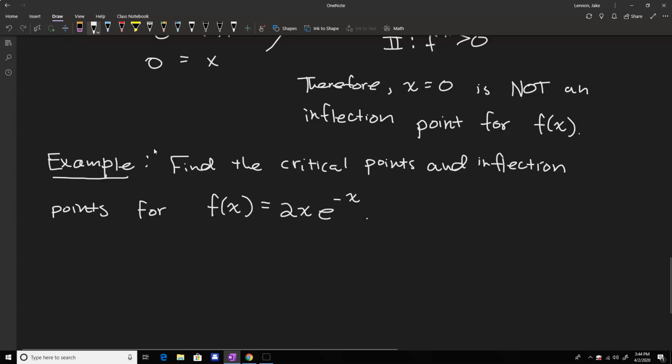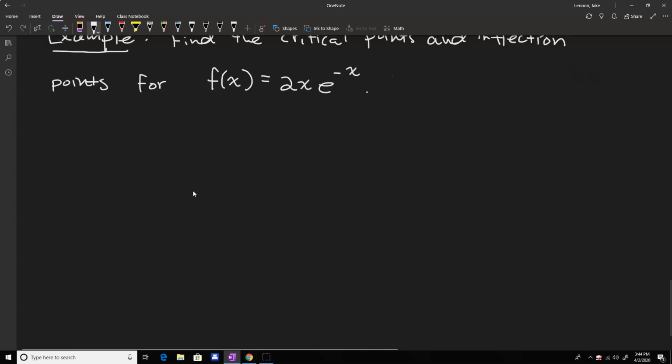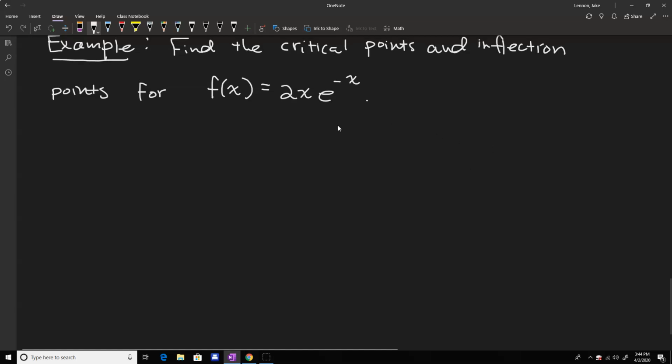So this is a product of two functions, a polynomial 2x and an exponential e to the minus x. So again, let's kind of try and split this down the middle and see if we can do both parts.